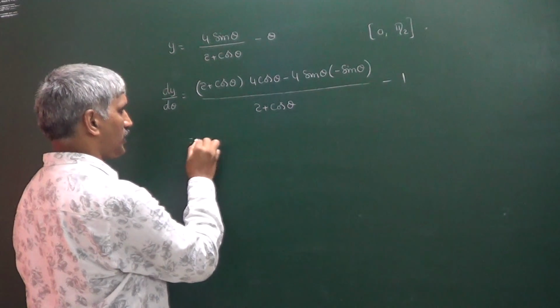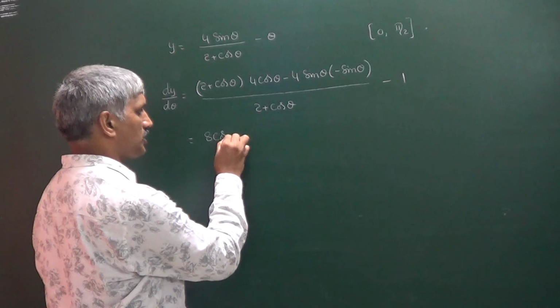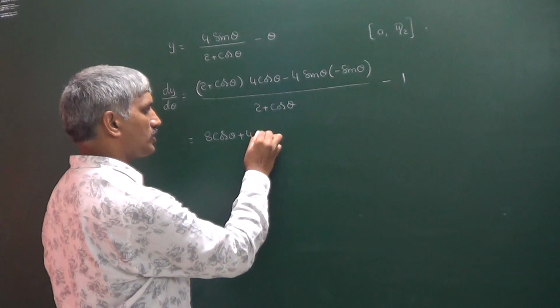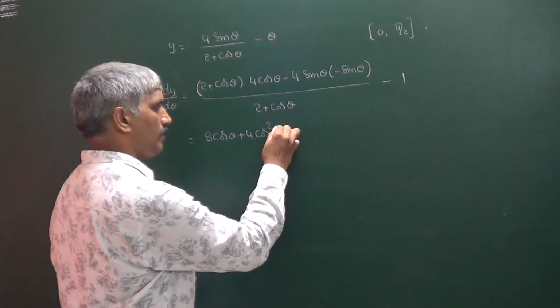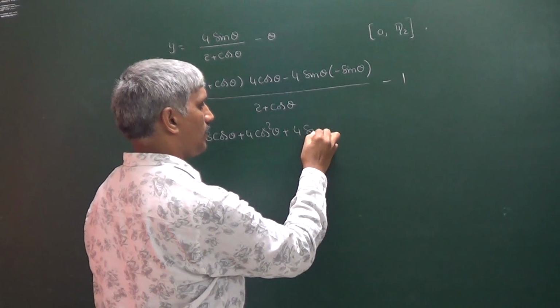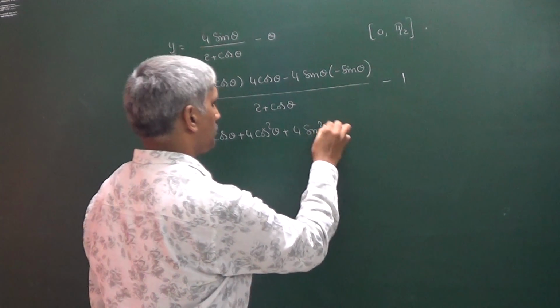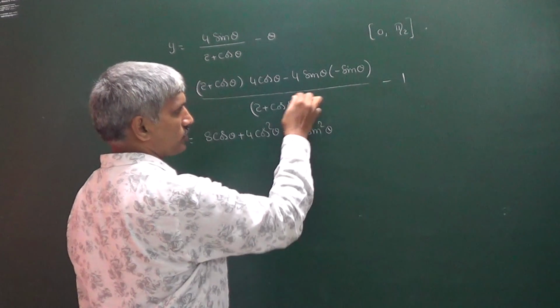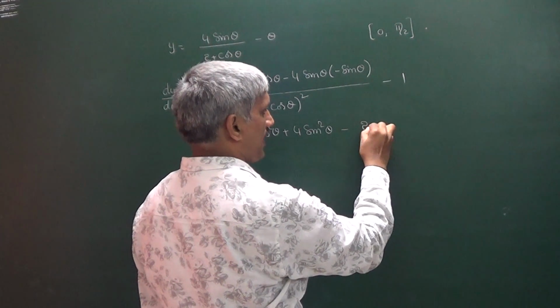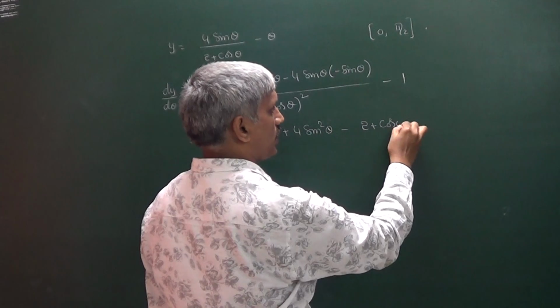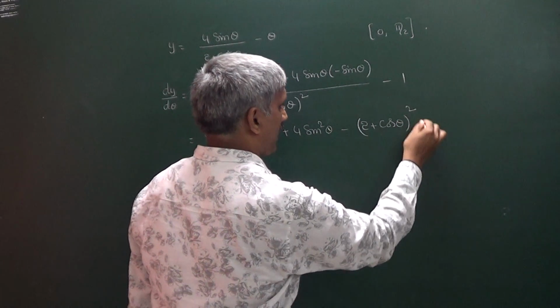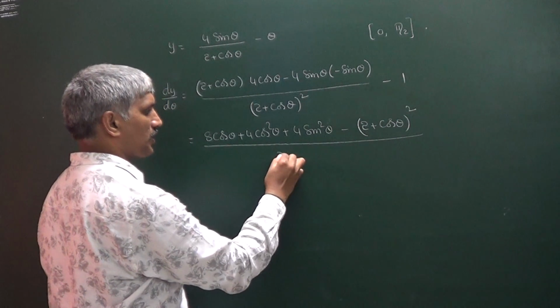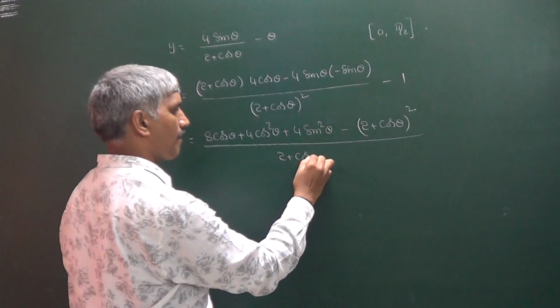Now further simplification, we will get 8 cos theta plus 4 cos square theta plus 4 sin square theta, over 2 plus cos theta whole square, we are taking the LCM, minus 2 plus cos theta whole square divided by 2 plus cos theta whole square.